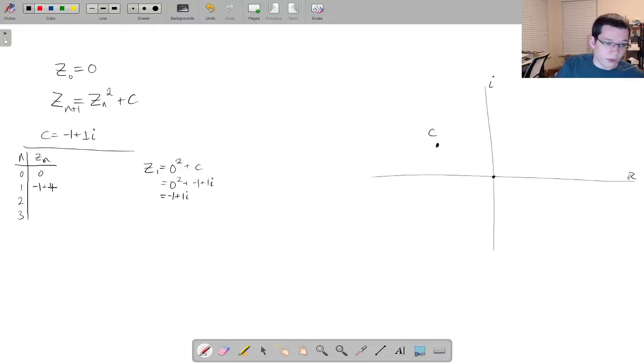And for z2, we will now take this value and feed it in here. So then we have (-1 plus 1i) squared plus -1 plus 1i.